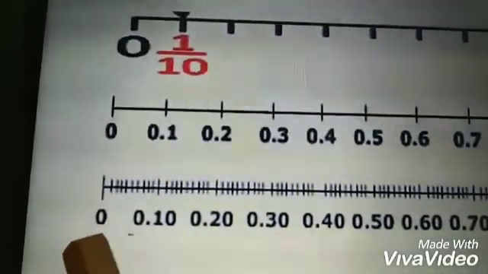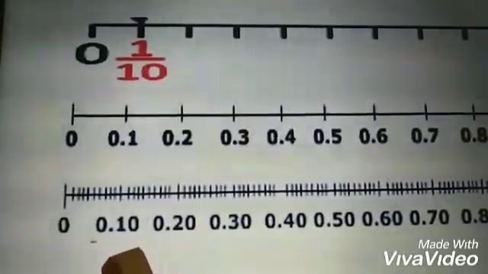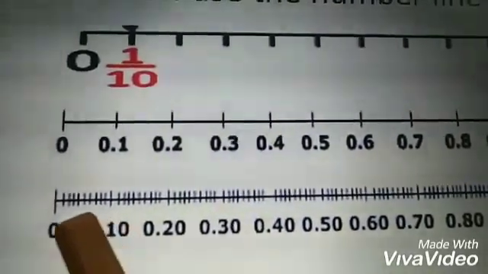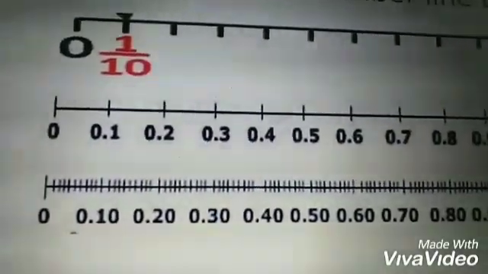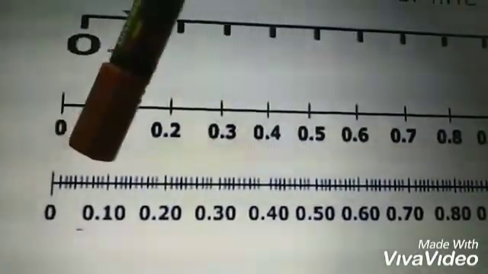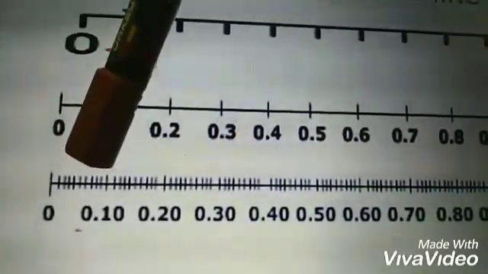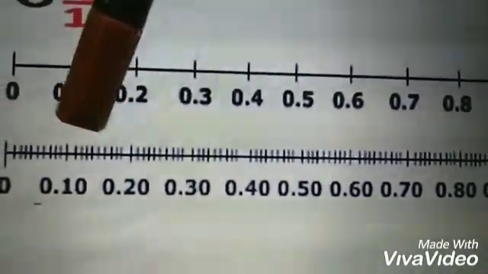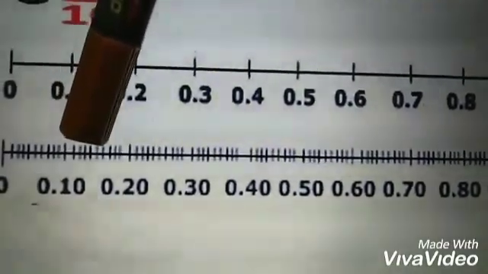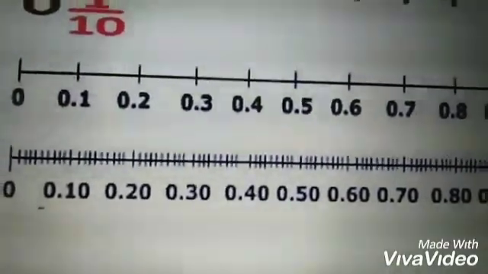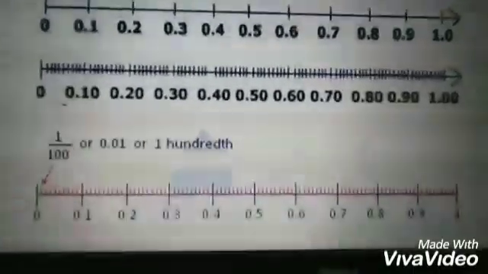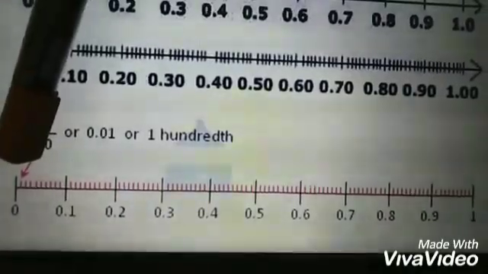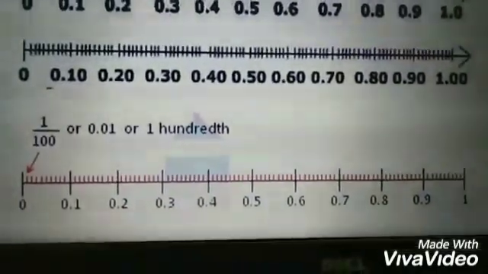If you count the lines between number 0 and 0.1, you can find that there are 10 equal parts. These 10 equal parts are 10 hundredths. So we can say that 10 hundredths is the same as 0.1 or 1/10. So the fraction 100th is the first part on the number line.